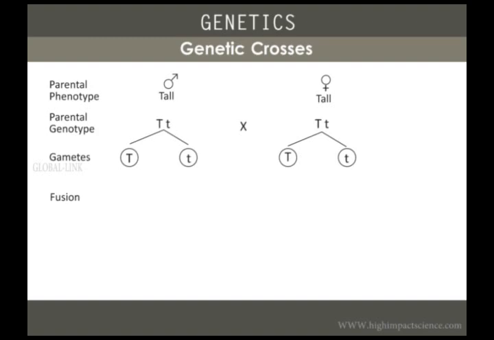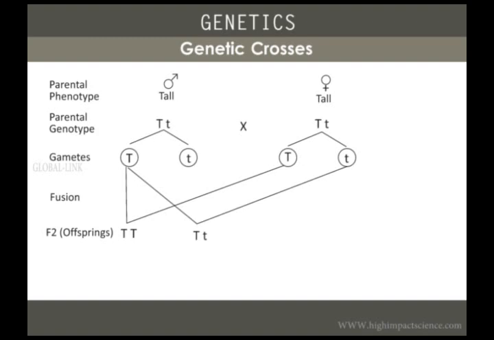Fusion occurs, and we have the F2 generation. The first one, we have capital T, capital T, capital T, small t, capital T, small t, and small t, small t. Genotypically, we have one capital T, capital T, two capital T, small t's, and one small t, small t.